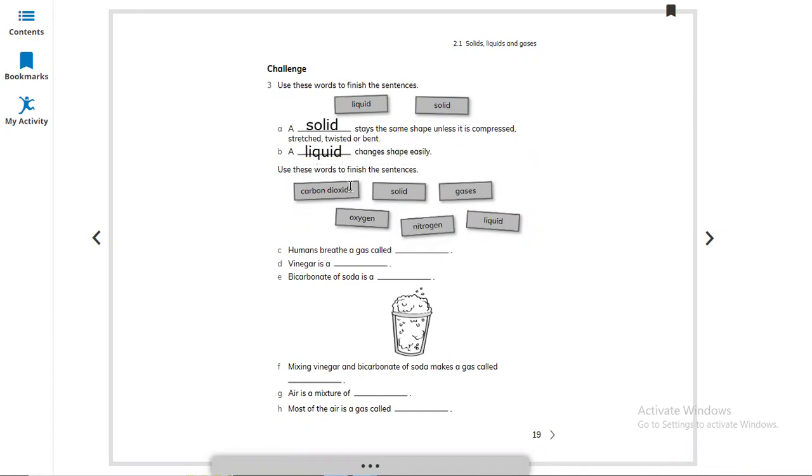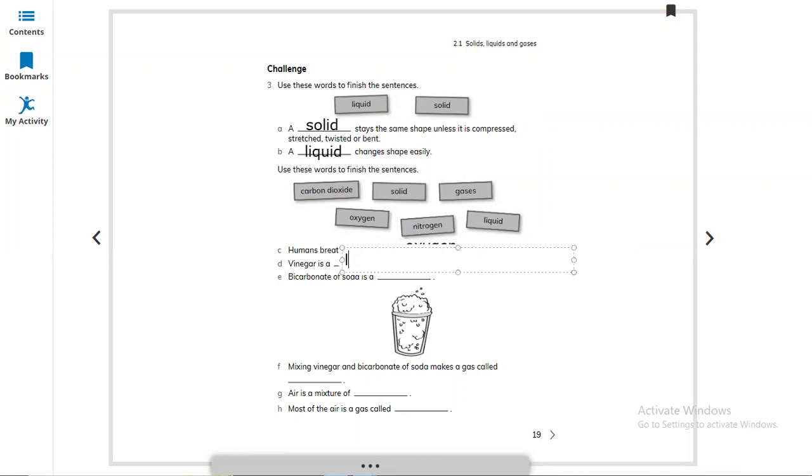Use these words to finish the sentences. Humans breathe a gas called oxygen. We are breathing oxygen. Okay, vinegar is a liquid, gas, nitrogen, carbon dioxide. Obviously, it's a liquid.